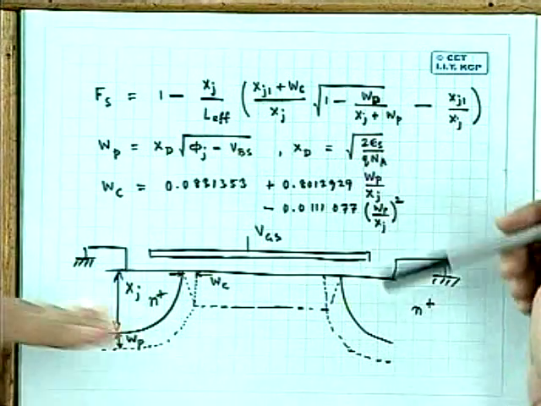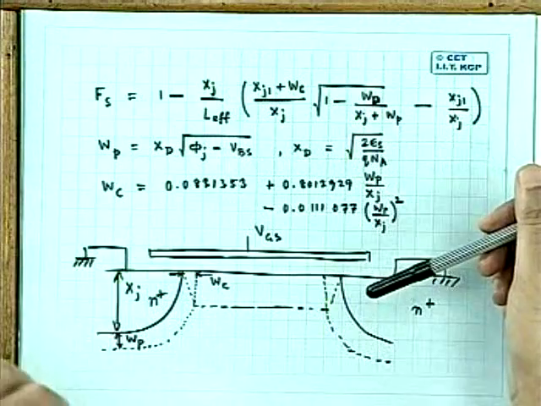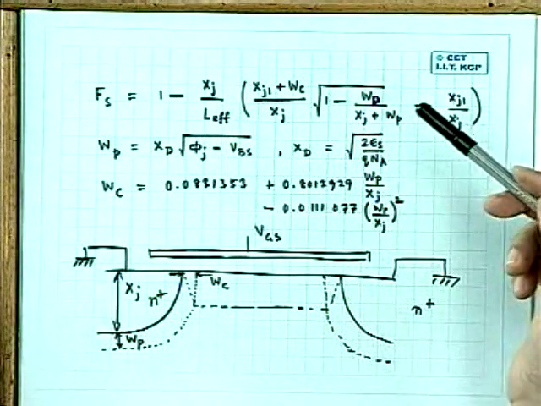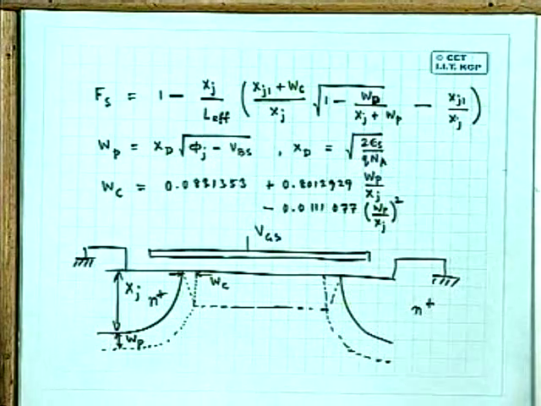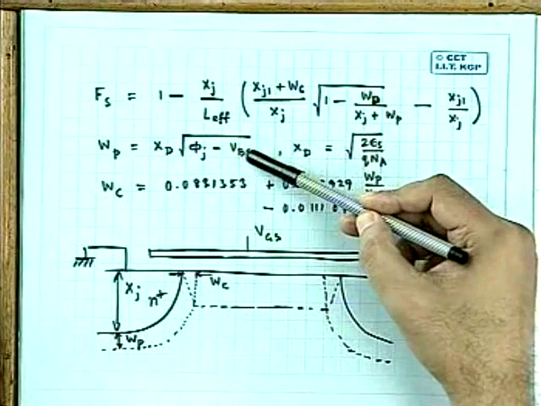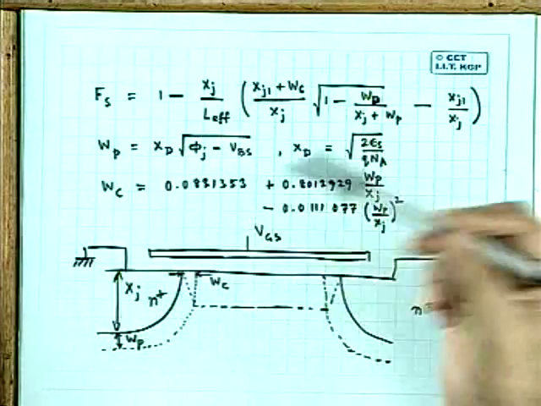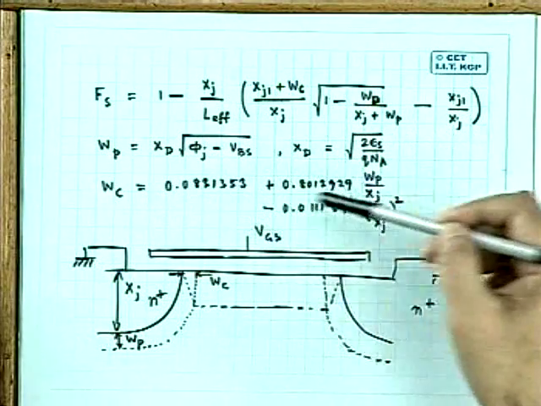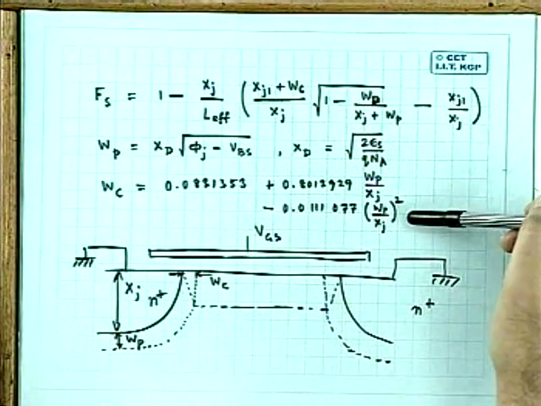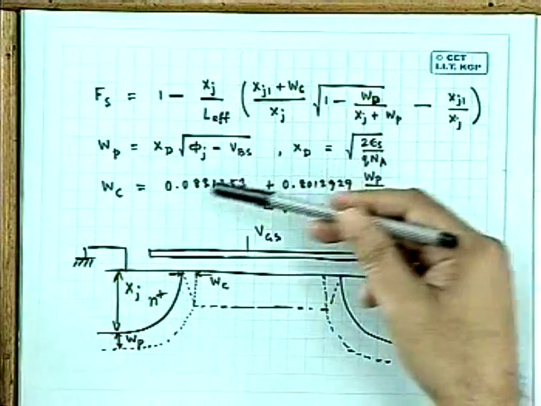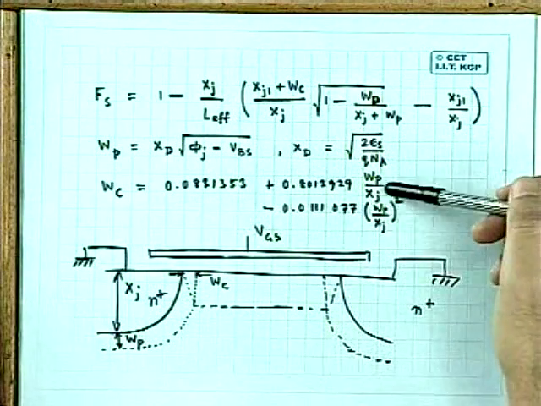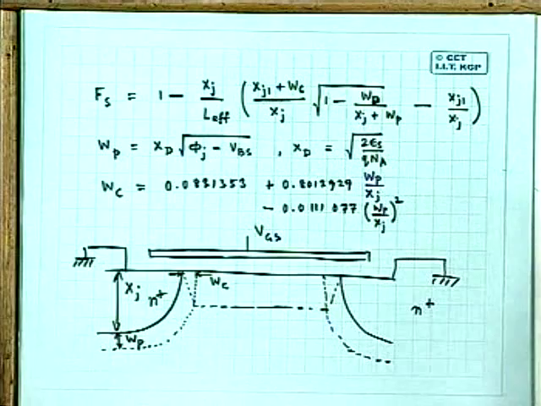In the plane portion of the junction, it is a planar junction approximation. The WP value given by this is valid as a simple plane junction approximation, of course step junction. Whereas WC, the cylindrical junction approximation, is a logarithmic kind of thing, and they have expanded it and ultimately got a formula like this, and they use it for simulating WC.